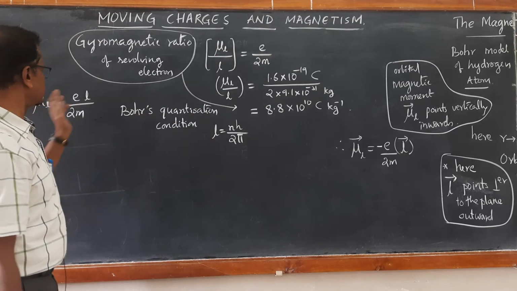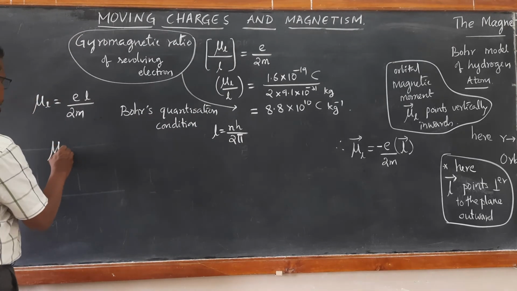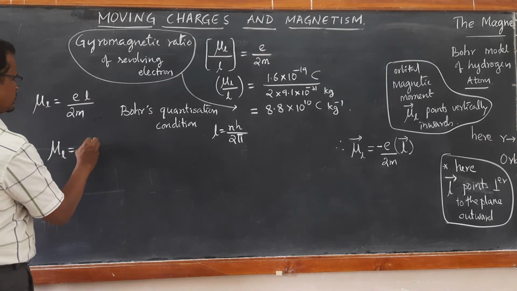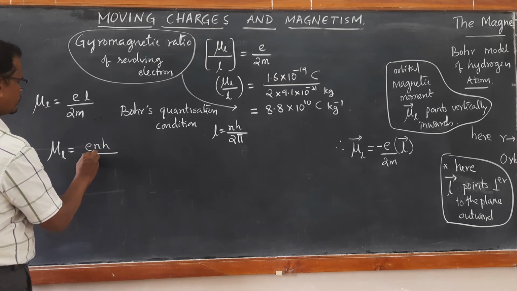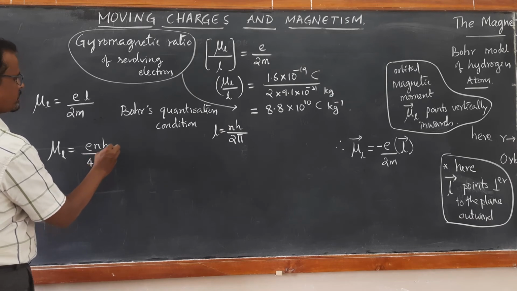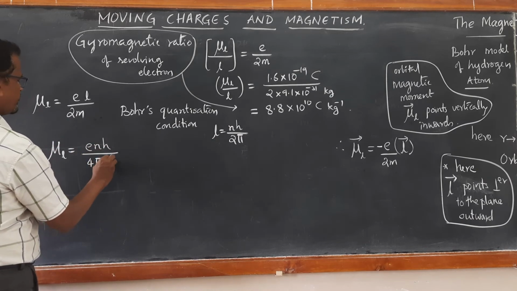Right? If you substitute this in this equation, we get mu L is equal to e into nh upon 2 into 2 pi m, that is 4 pi m.